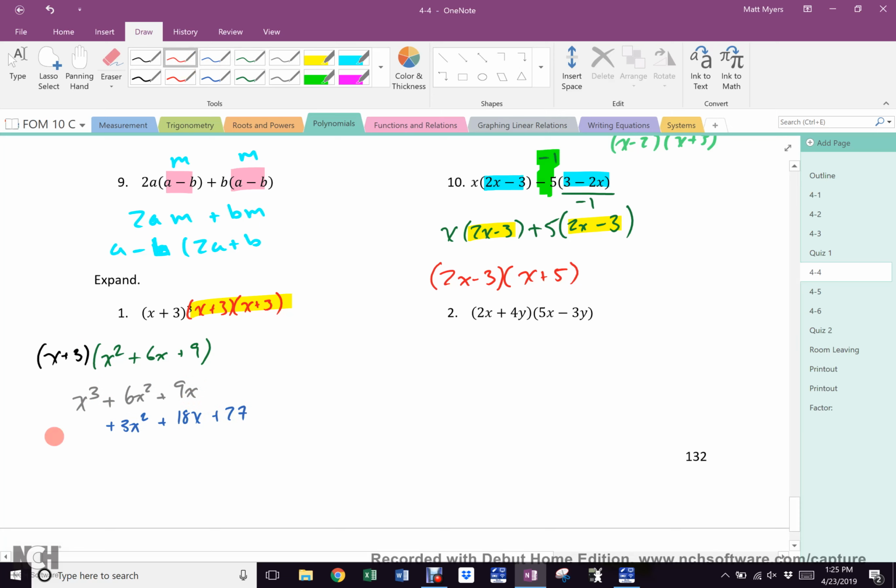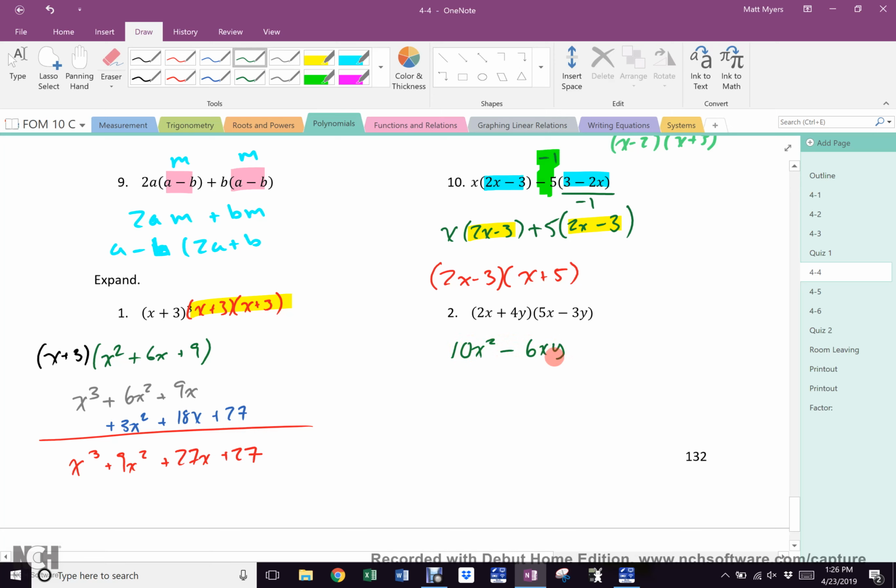And what is my last step always? Collect my like terms. X cubed plus 9x squared plus 27x plus 27. And this one is just FOIL. What will the first line be? 10x squared, 6xy.